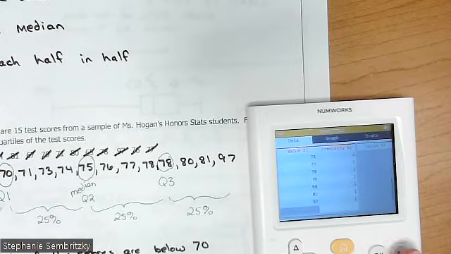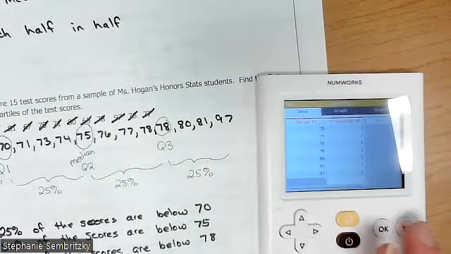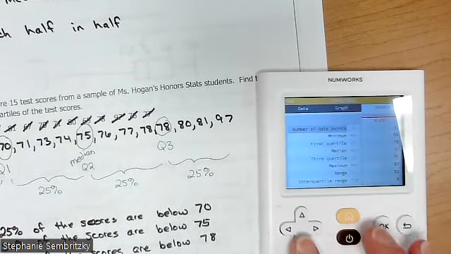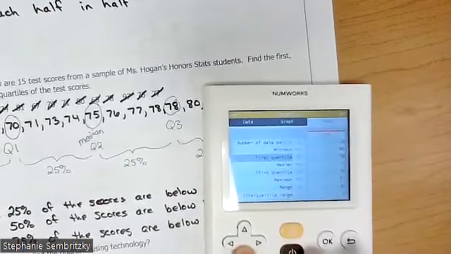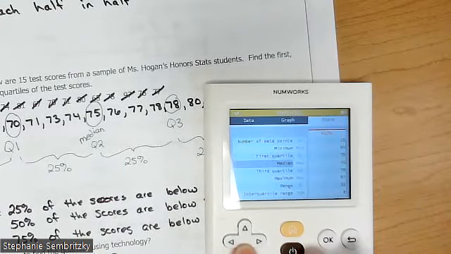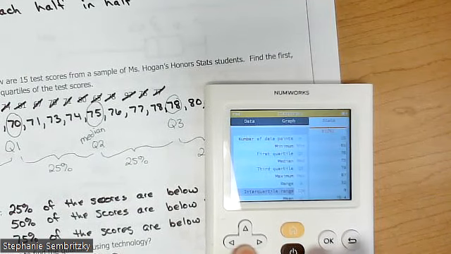Okay. Now where am I going to go to find the mean and standard deviation once I have it in there? Stats. When I go to stats, the first things it gives me in the list are my 5-number summary: minimum, Q1, median. It even gives me my range and interquartile range.